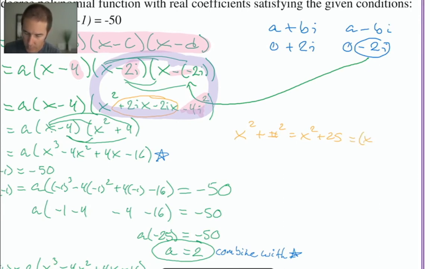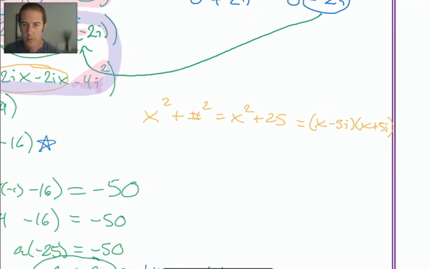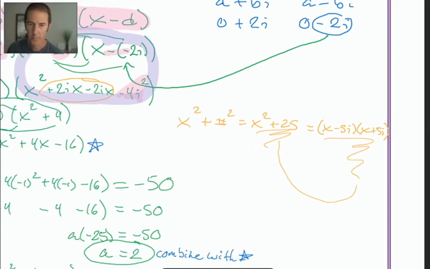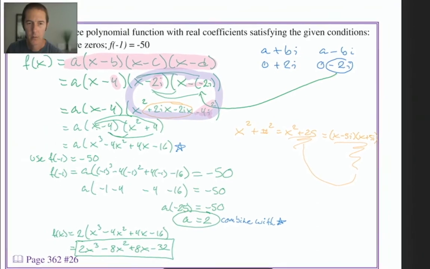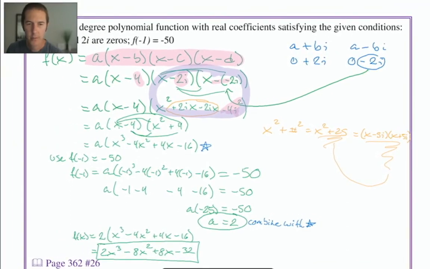It's equal to x minus 5i times x plus 5i. So what you should do is try to FOIL this and see if it takes you back to this. Just do that a couple of times and make sure you get more familiar and comfortable with the i squared equaling -1, and it changes the sign on that last term. Otherwise, there's no sense practicing the rest of it.